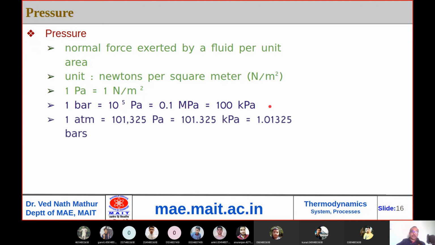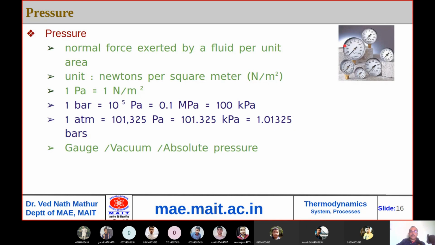Now 1 atmospheric pressure is 101.325 kilopascal or 1.01325 bar.